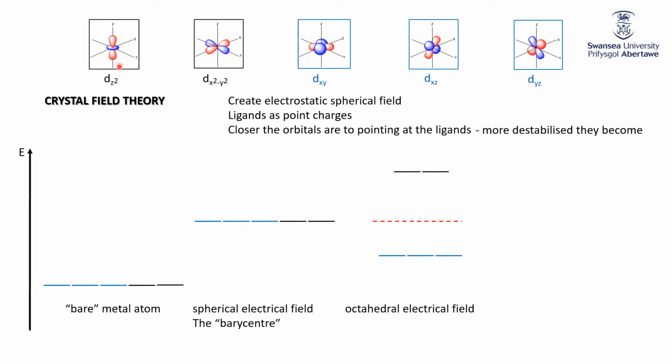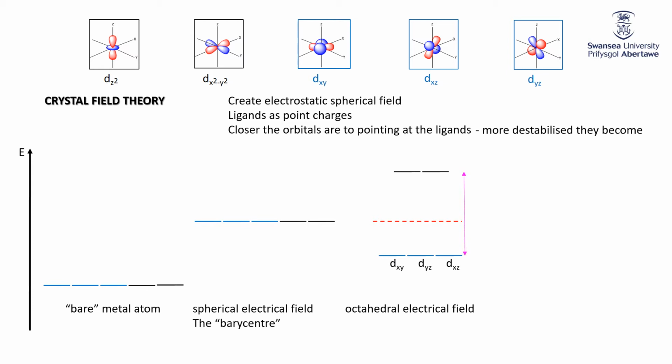So these get destabilized even more, but these get stabilized, excuse me, because they're pointing in between the ligands. So that's the splitting explained by crystal field theory: the ligands are little repulsive point charges, and the closer the orbitals are to pointing at the ligands, the worse it is for those orbitals.